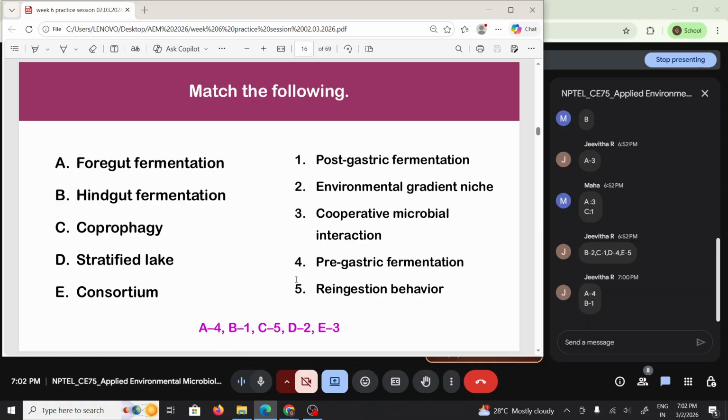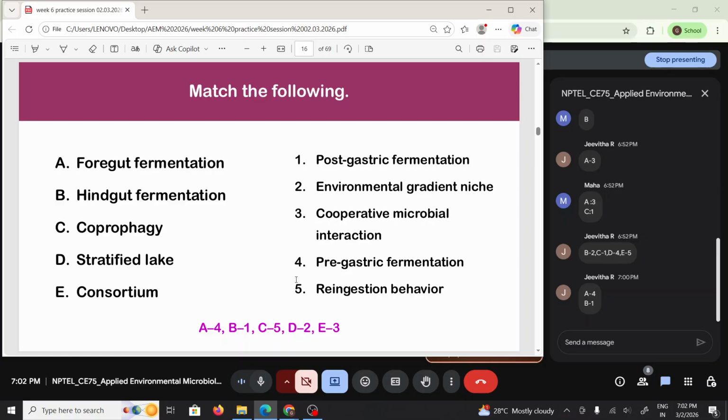Foregut fermentation is pre-gastric fermentation, and hindgut fermentation is post-gastric fermentation. So as the name suggests, it's very easy to place both of these. In foregut fermentation, the easily fermentable food generally gets fermented, and there is production of fermentation products, whereas the complex fibers and stuff that are present further go to the hindgut fermentation, which we saw in the previous question as well.